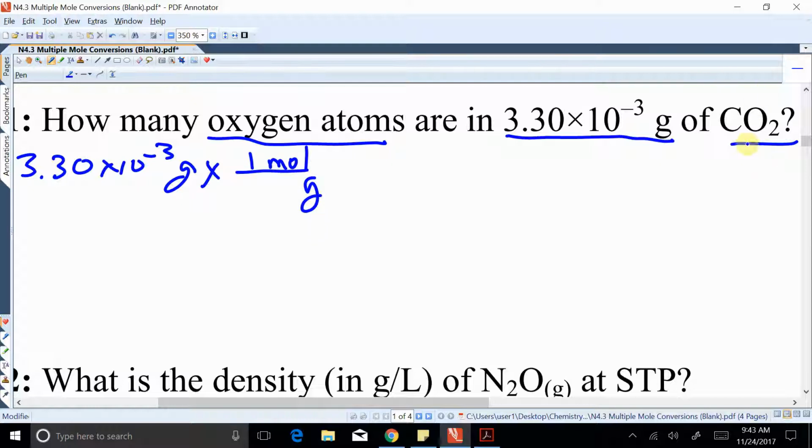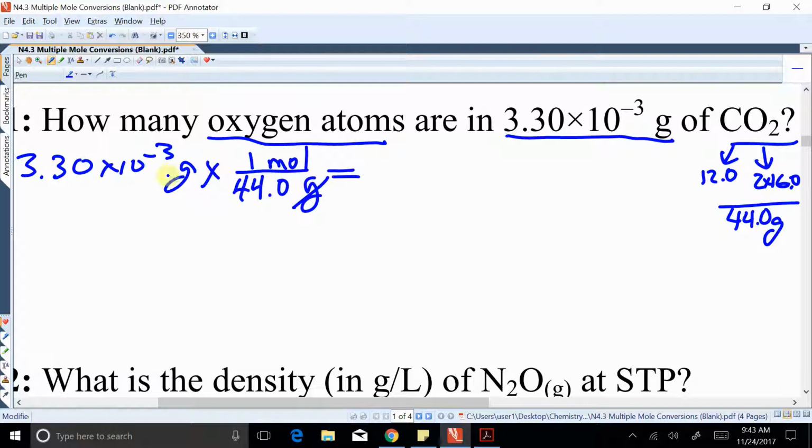What's the molar mass of carbon dioxide? Well, there's 1 carbon, so that's 12.0 grams from our periodic table, and there are 2 oxygens, so that's 2 times 16.0 grams. Add all of that up, and we end up with 44.0 grams in 1 mole of carbon dioxide. So let's take that into our conversion. 44.0 grams.